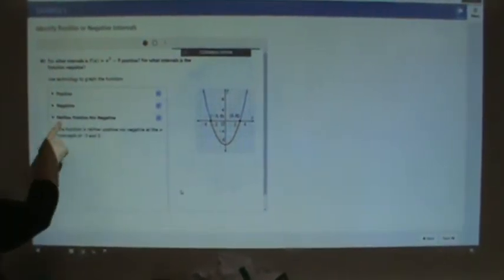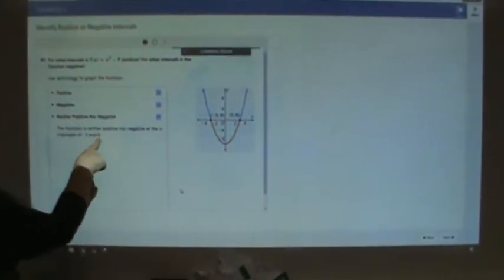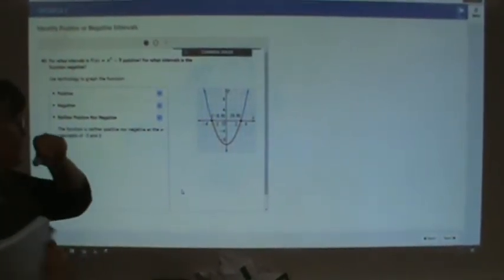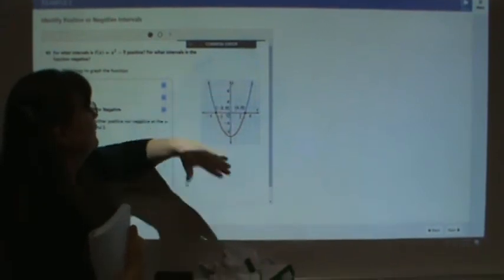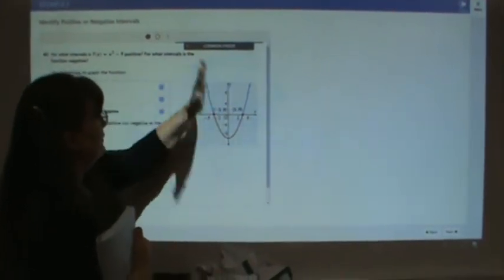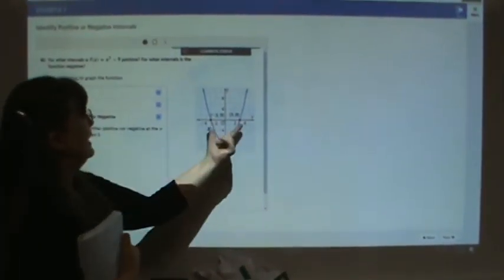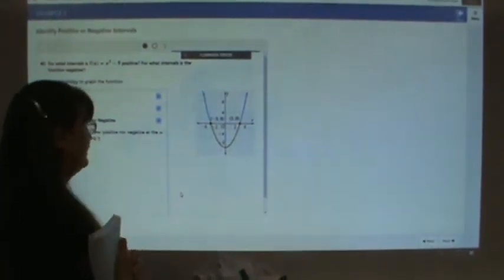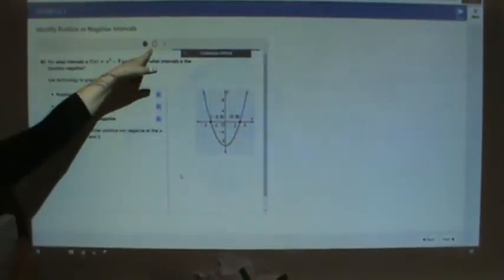Now, you'll notice here neither positive or negative, that's -3 and 3. So please remember that. So again, the intervals above are positive, below are negative, and neither are the actual x-intercepts. Okay, go ahead and punch that.